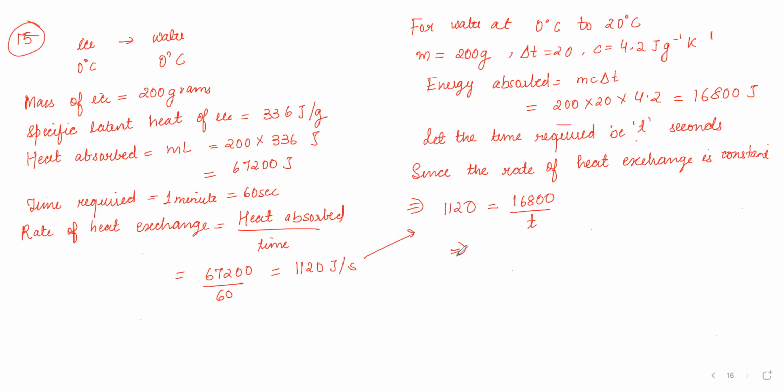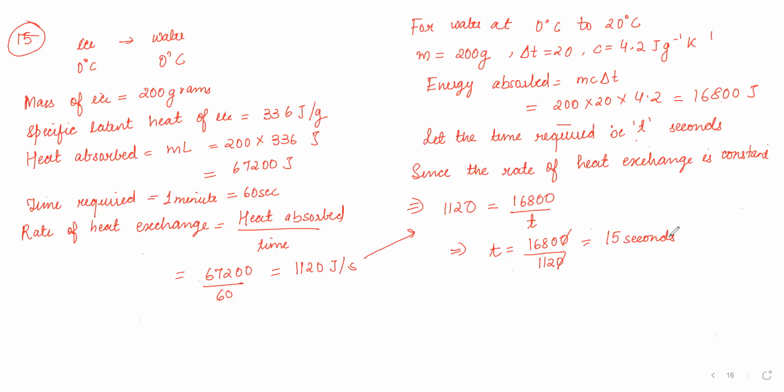So this implies T will be equal to 16800 divided by 1120. So we'll just calculate this. This is coming out to be 15 seconds. Okay, so this is the answer.